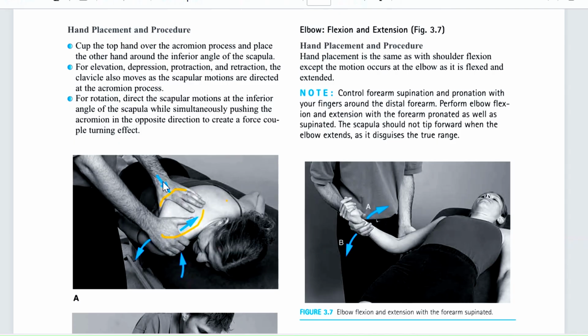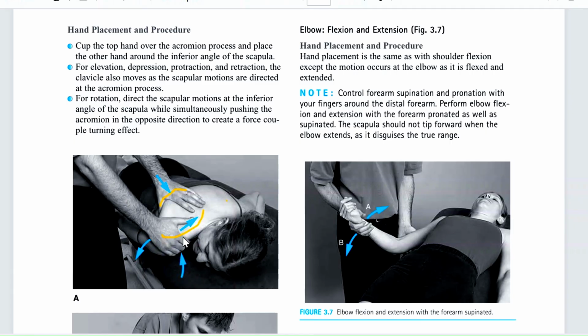Now remember that three of the movements are performed with your upper hand, that is placed on the acromion process, okay? And this is not written in your book, I am just telling it to you in more depth. These three movements are performed from the acromion process. With the upper hand you perform the depression.